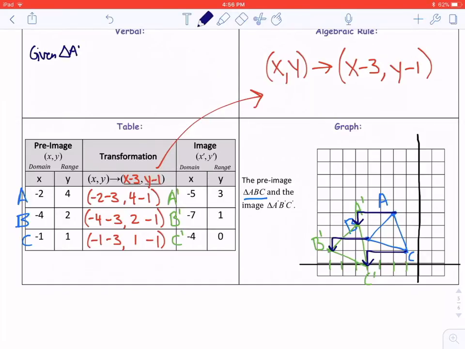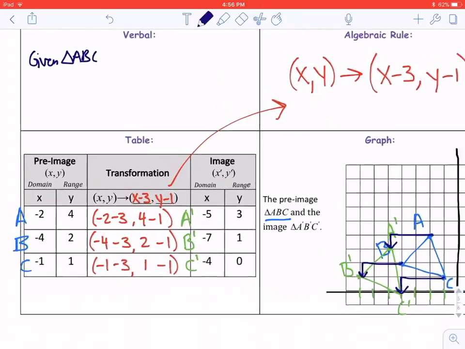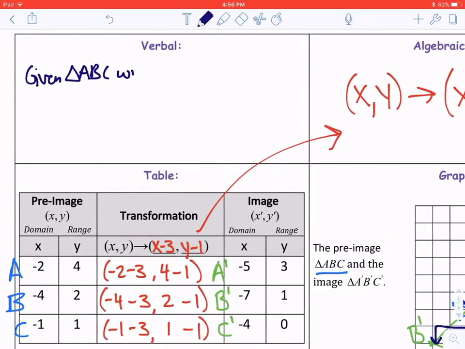So, given triangle ABC, with A at -2, 4, B at -4, 2, and C at negative 1, 1.